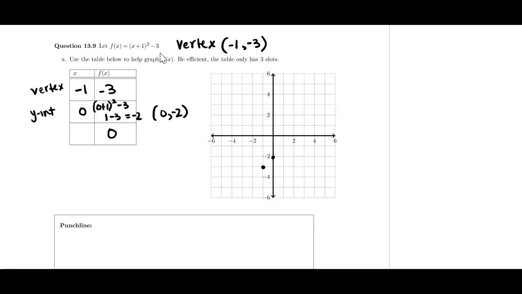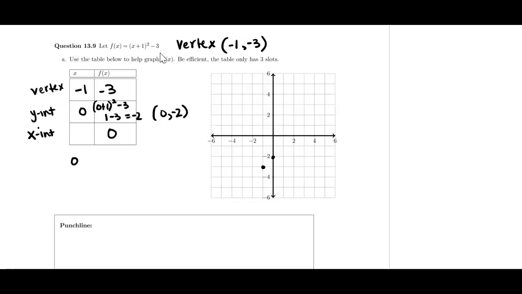So let's do our x-intercepts now. Sometimes with our x-intercepts, you'll either need to use the square root property to solve for x, just like we were doing in the last few, or you might have to use the quadratic formula or something like that. But with the form that it's in, it's going to be easiest if we just solve it. So we're going to let y equal 0 this time.